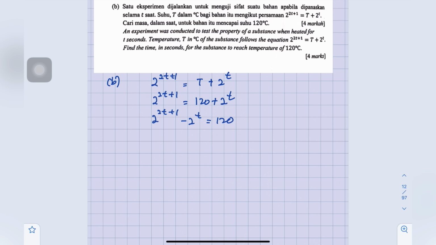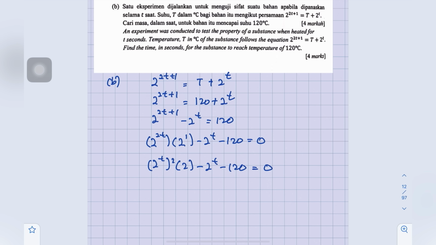By using the laws of indices, this one we can separate to become 2 power of t squared times 2 minus 2 power of t minus 120 equals 0. Okay, so this is like a quadratic. So we can use a substitution.